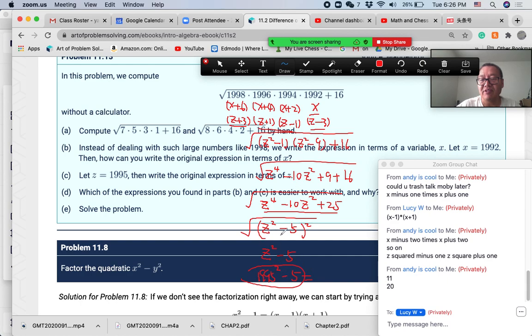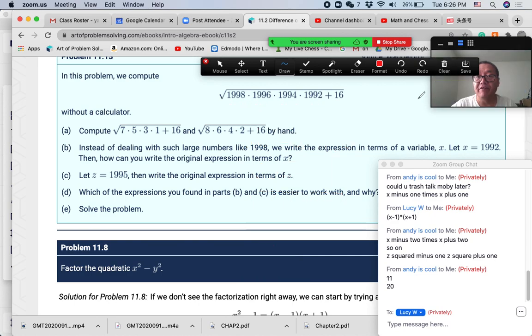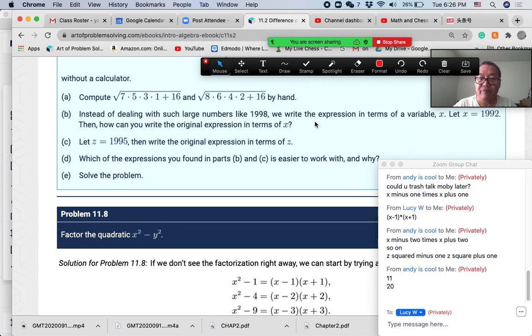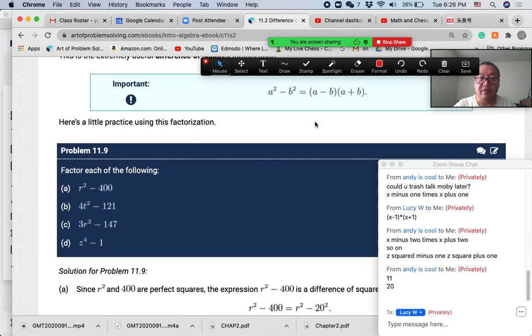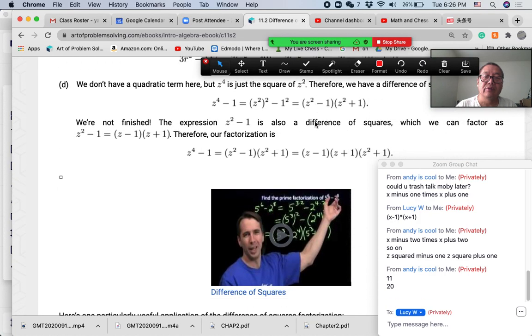That will be z squared minus 5. Then you can get that one equals this. Okay, so later we will get this. Actually, here we already finished this section.